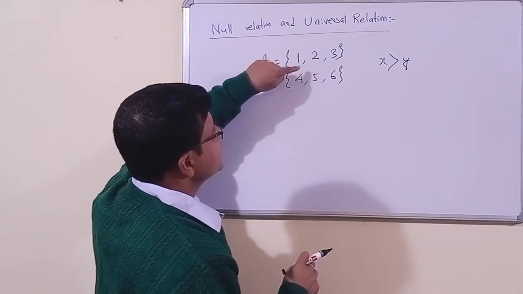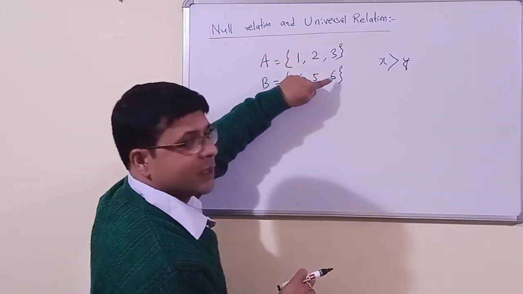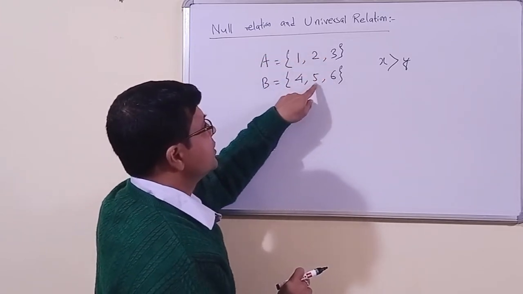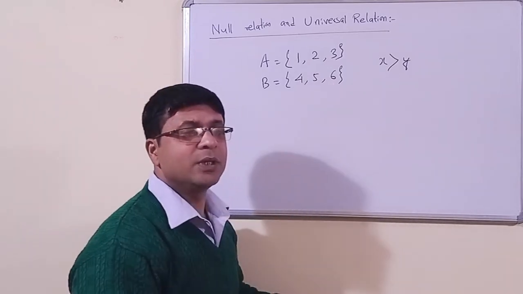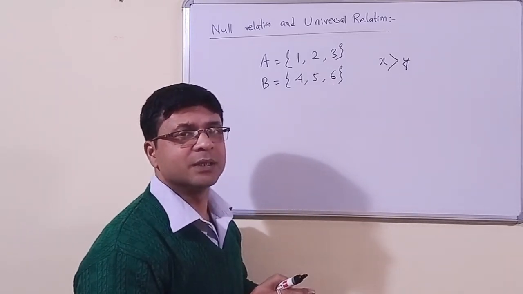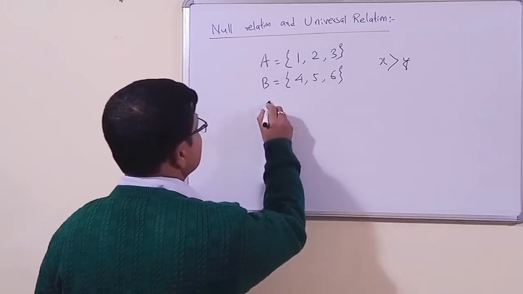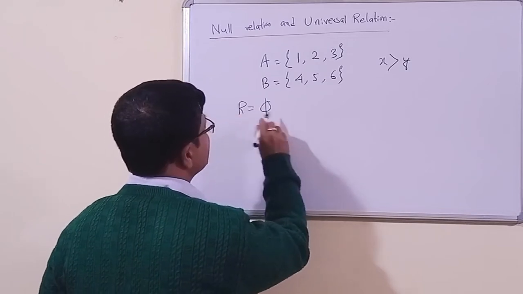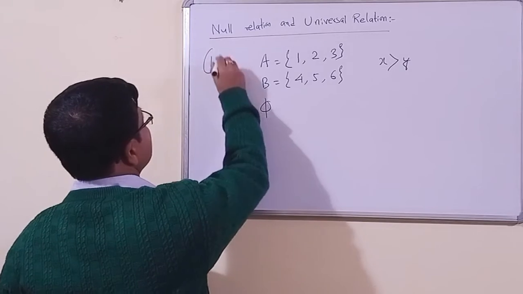Again, 2 is not greater than 4, 5 or 6. 3 is not greater than 4, 5, or 6. So we cannot frame a relation. There is no relation. That's why it is called the null relation. R is equal to phi. Okay, this is about null relation.